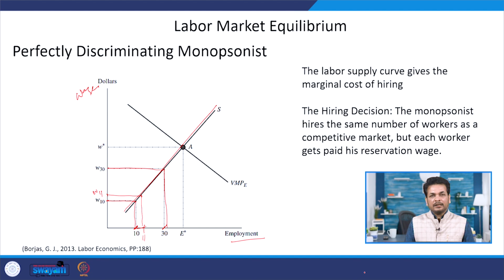Now, being a monopsonist in the labor market, the firm is facing a competitive environment in the product market. So, the demand for labor for this particular firm is completely governed by the value of marginal product of labor.